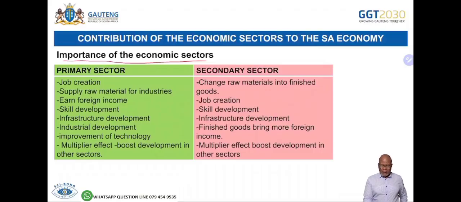It creates jobs. So this is part of the geography topics that are very interesting, that could have one answer answering different questions. So let's look now at the importance of different sectors, but you must know that the sectors are so interlinked that the answers you can give are also similar.